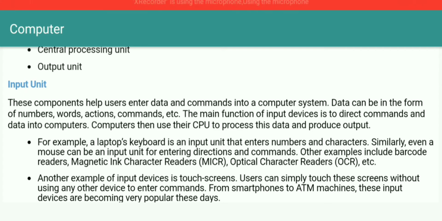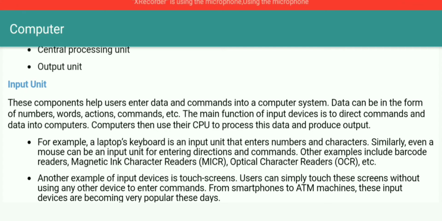For example, mga kaibigan, a laptop's keyboard is an input unit that enters numbers and characters. Similarly, even mouse can be an input unit for entering directions and commands. Other examples include barcode readers, magnetic ink character readers or MICR, optical character readers or OCR, etc. So another example of input devices is touchscreens.